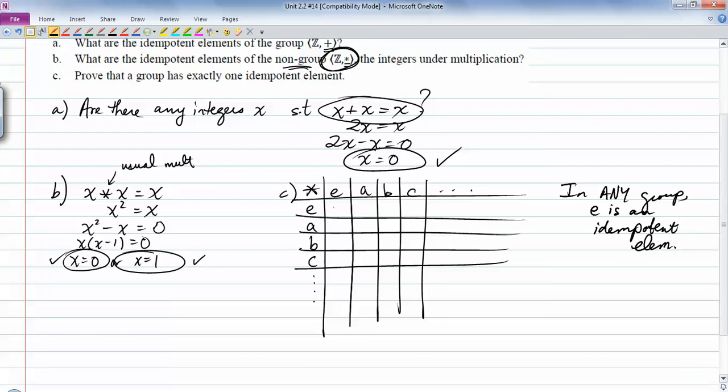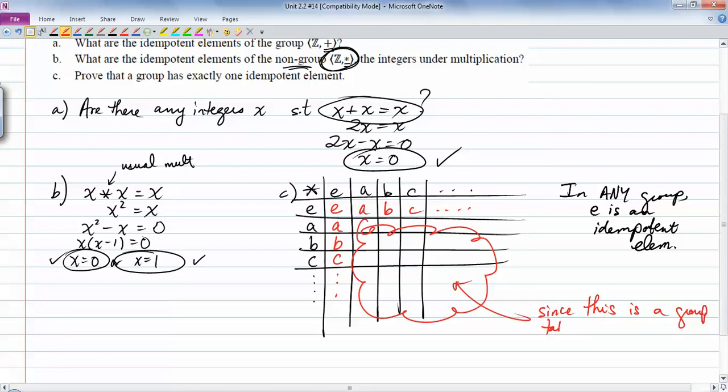So let's fill in the one thing that we can, which is the first row and column. Right? Okay, now we've learned, I'll put this here, since this is a group table, no element can be repeated in any row or column.